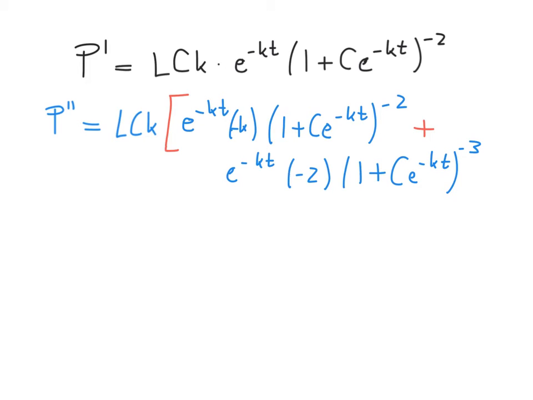Now we have to multiply this by the derivative of the inner function, 1 plus c e to the minus kt. We've already computed this before, right, when we took the first derivative. So let me just add this here. So this would be c times e to the minus kt times minus k.